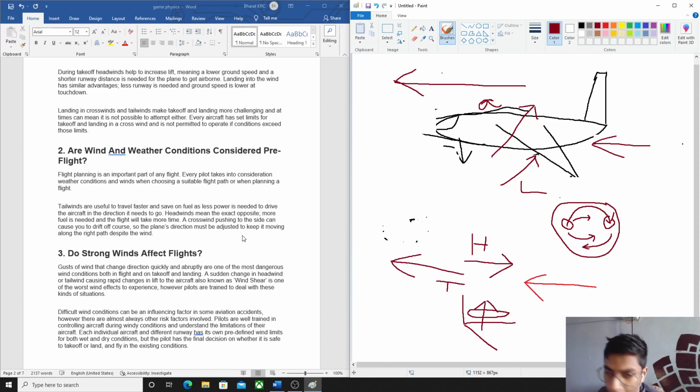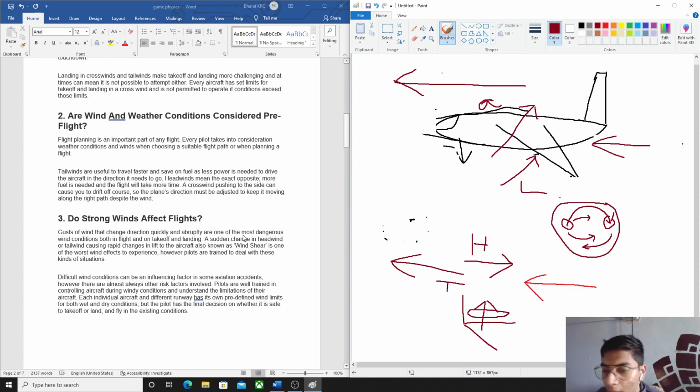in landing and takeoff. Now moving on to, do strong winds affect flight path? Gusts of wind that change direction quickly and abruptly are one of the most dangerous wind conditions, both in flight and on takeoff and landing. A sudden change in headwind or tailwind, causing rapid changes in lift to the aircraft, also known as wind shear, is one of the worst wind effects to experience.